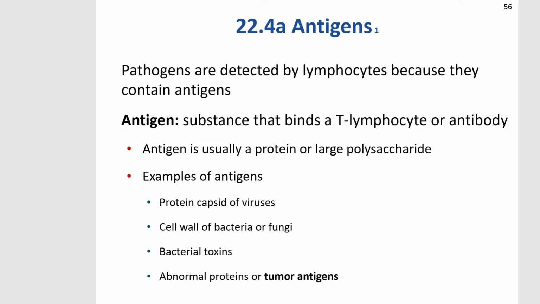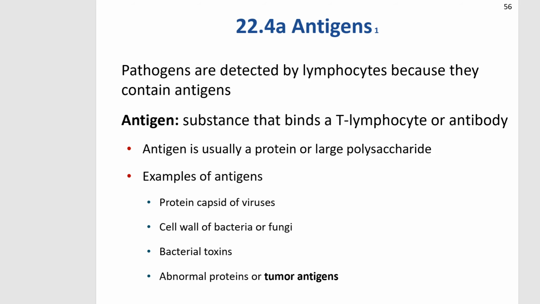So before we talk about functions and the workings of the adaptive immunity, we'll look at antigens. Antigens are a substance that binds a T lymphocyte or antibody. So an antigen basically binds to an antibody, causes an antibody to be produced and binds to it. Like it says, they're usually protein or large polysaccharide molecule.